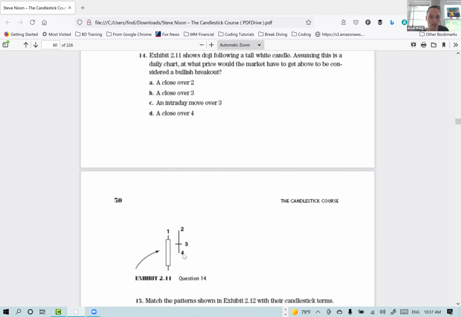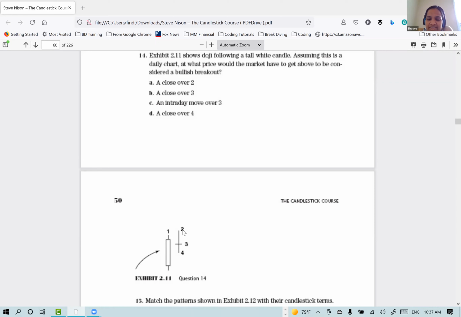What price would the market have to get above to be considered a bullish breakout? I thought it would be above this part right here in exhibit 2.11, but that's not even a choice. So I'm guessing it needs to be 2.